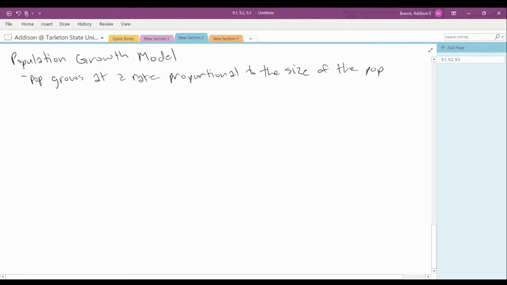Essentially what this is saying is when we have a small population, our population will probably grow at a small rate. But as the population grows, the rate at which it grows gets bigger as well. So when we think about this, we need two variables: time and, of course, population.